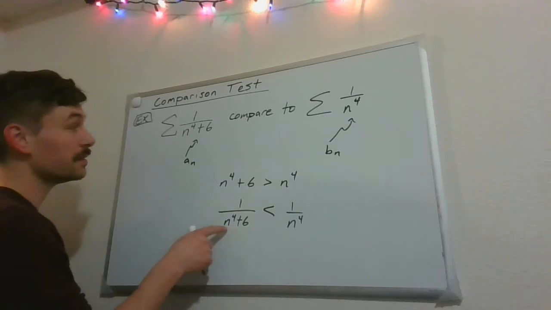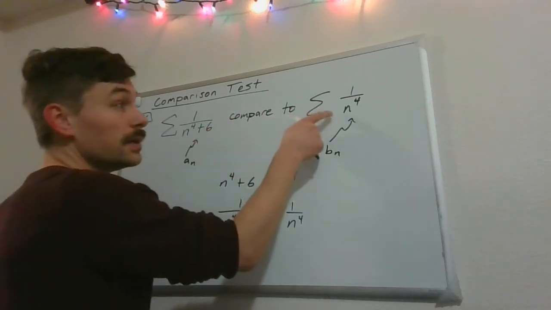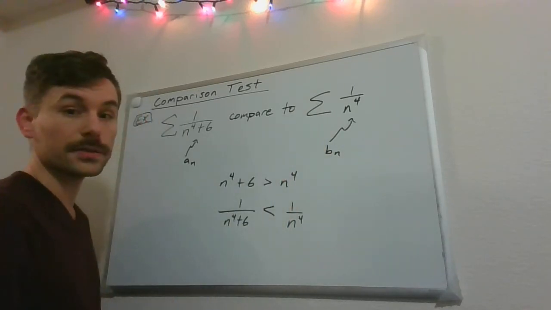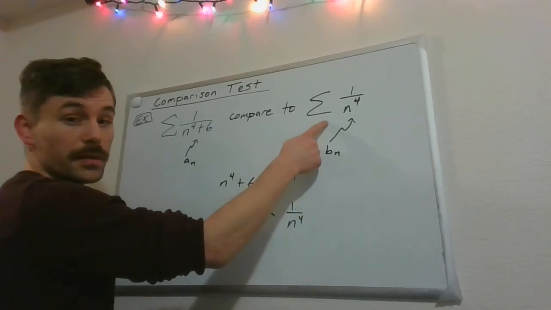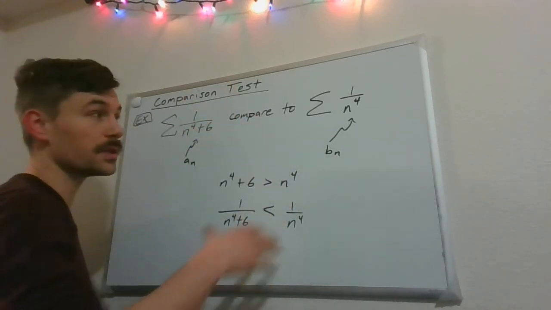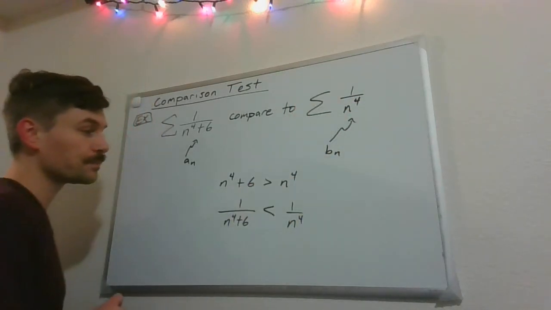So we're saying, okay, the series, our given series, is smaller than the series we're comparing to. That's a good thing because we think that the thing we're comparing to converges. So we're getting trapped by this p series here.